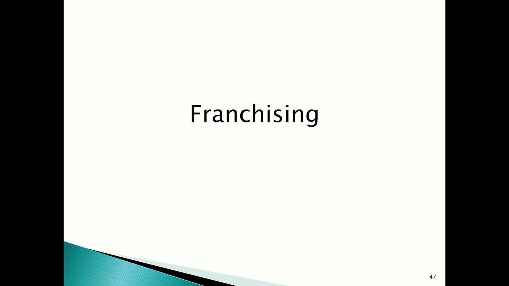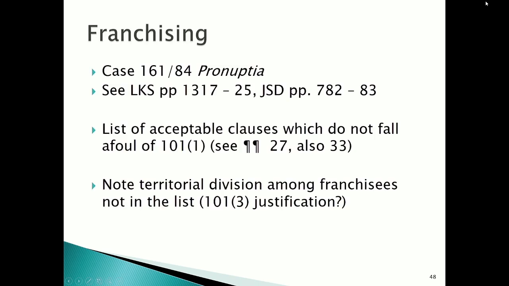Franchising is another important means of distributing goods. The leading case is the Pronuptia case. That is useful, and if you look at the Pronuptia case, you'll see a list of acceptable clauses, which do not run foul. Typically, they're promotion of the brand, perhaps a reflection of the commonality of interiors, certainly product quality control. What is the advantage of going and eating at McDonald's?